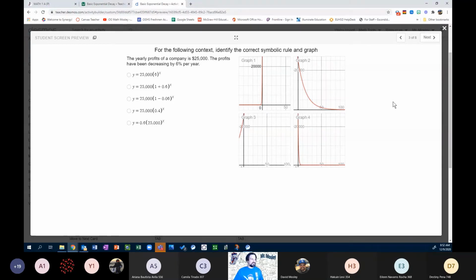Choose the correct y equals symbolic equation, and then the correct graph that goes along with this scenario. Now, can someone volunteer and tell me what they think the proper function rule is out of the options we have available here?